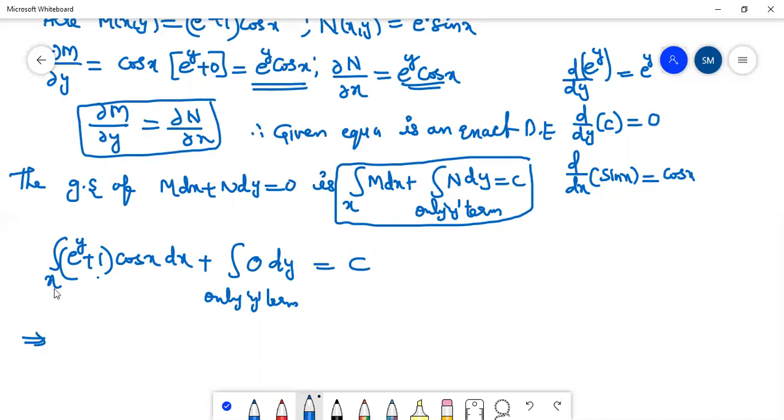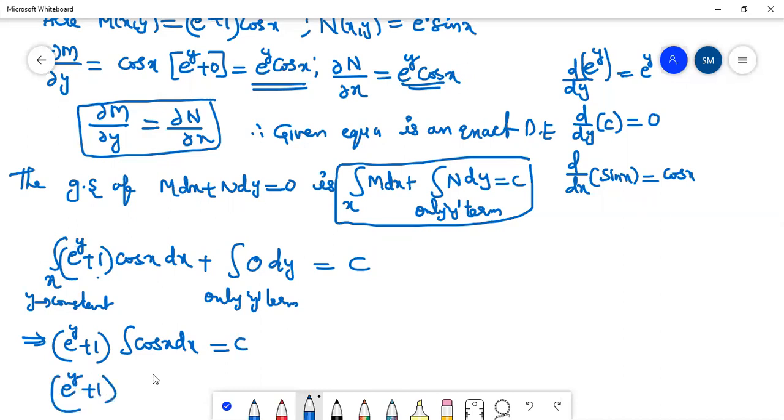From this, integrating over x means y is treated as a constant, so we can take e power y plus 1 outside, as it is a constant term. Integral of cos x dx. The integration of 0 is 0, equal to c. From this, (e power y plus 1) into the integration of cos x is positive sin x.